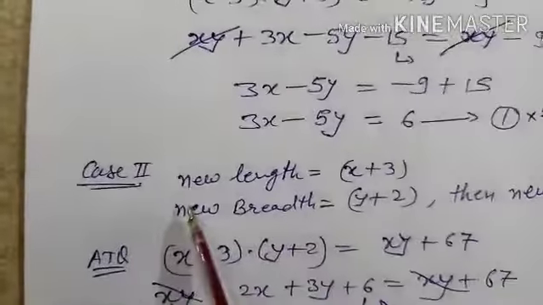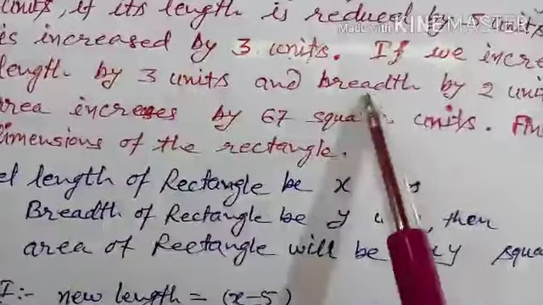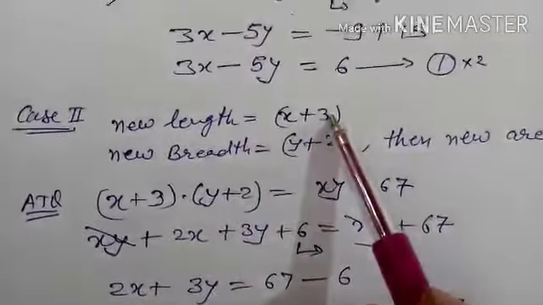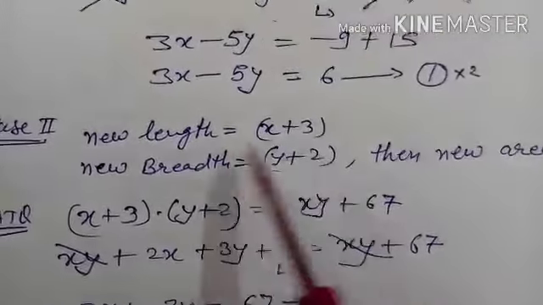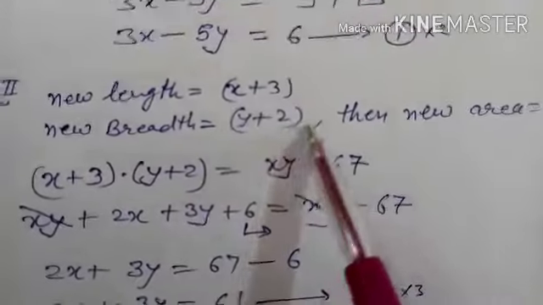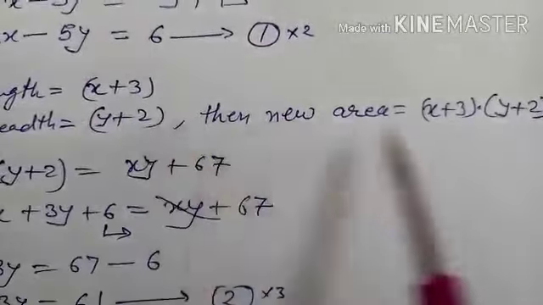Now the second case: if we increase the length by 3 unit and the breadth by 2 unit, the new length is x plus 3, and the new breadth is y plus 2. Length is increased by 3 unit and breadth is increased by 2 unit. Then this is the new area, L into B, x plus 3 into y plus 2.